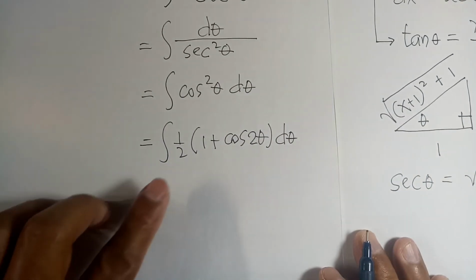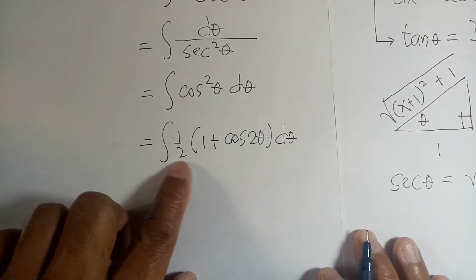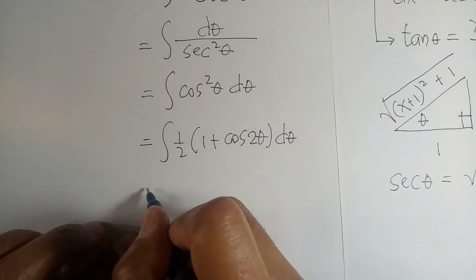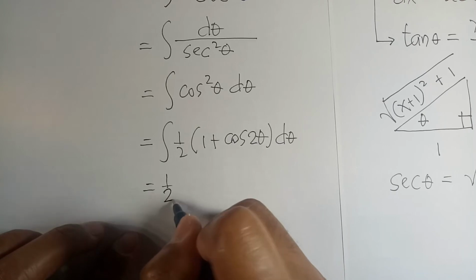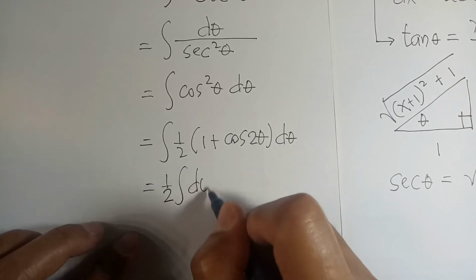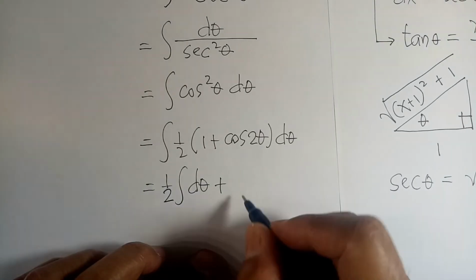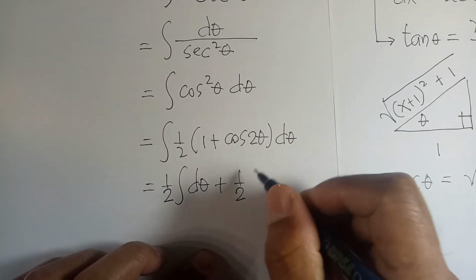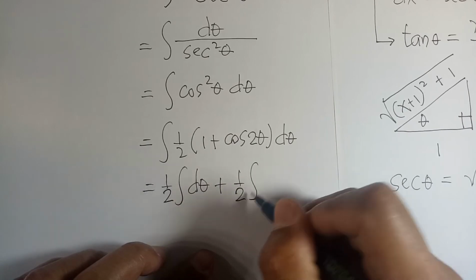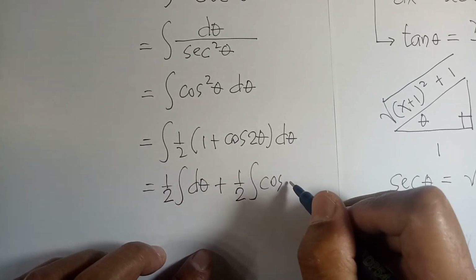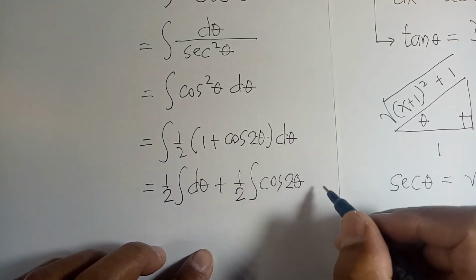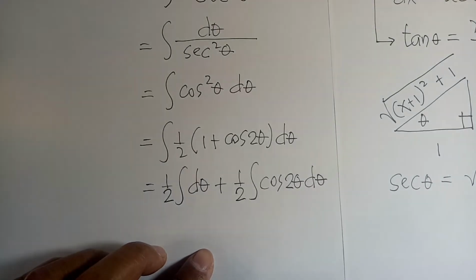Pag-iwalay natin yung integration nila, no? So magkakaroon tayo ng 1/2 integral of d theta. And then 1/2 times cosine of 2 theta is 1/2. And then integral of cosine of 2 theta d theta.